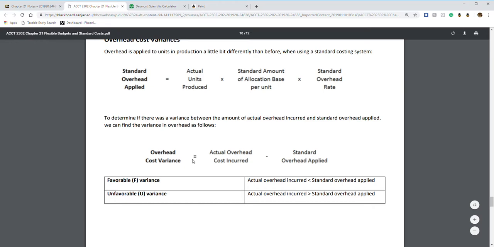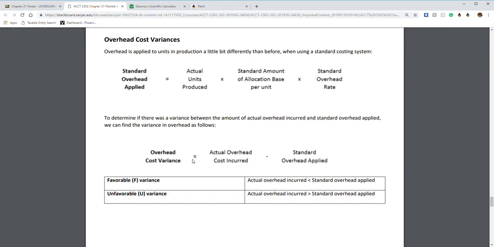Now, the bad thing with this is that with direct materials and direct labor, if the variance is positive, it is favorable, and if it's negative, it is unfavorable. Overhead is the complete opposite.